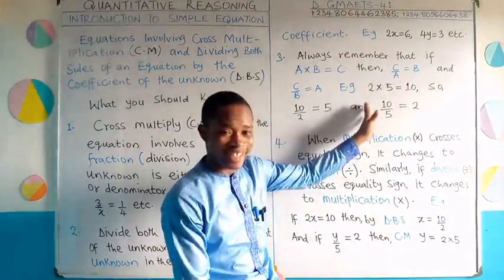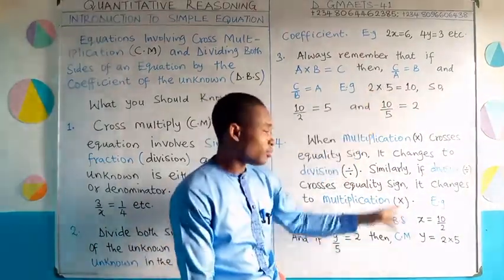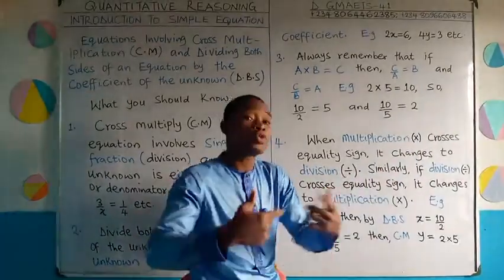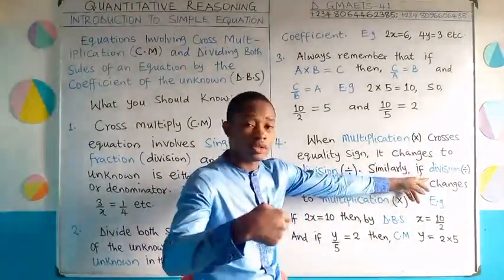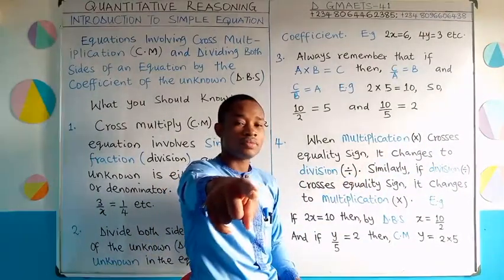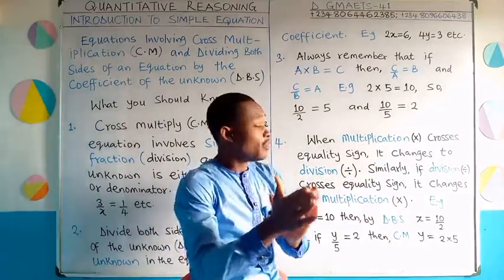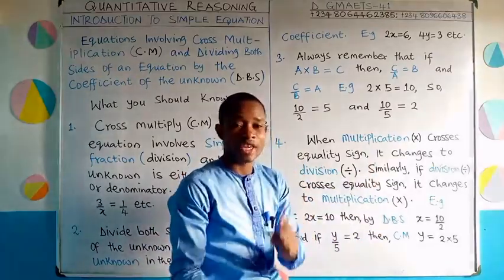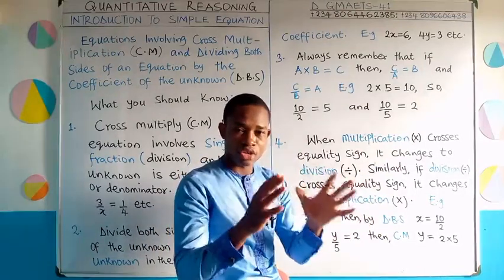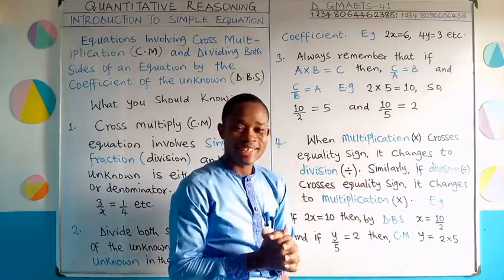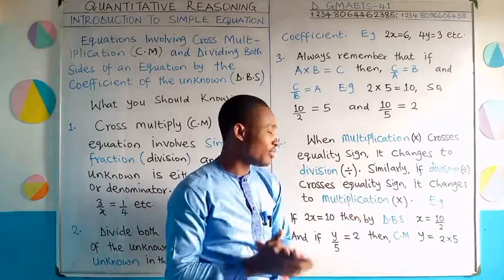Similarly, in the same way, if division now crosses the equality sign, it will change to what? You are very correct. If division crosses the equality sign, it will change to multiplication. So you see the relationship between multiplication and division when you are studying simple equations. Please don't forget this, very important.